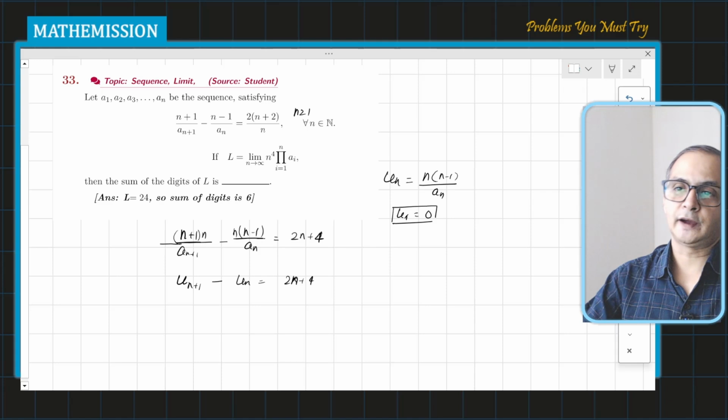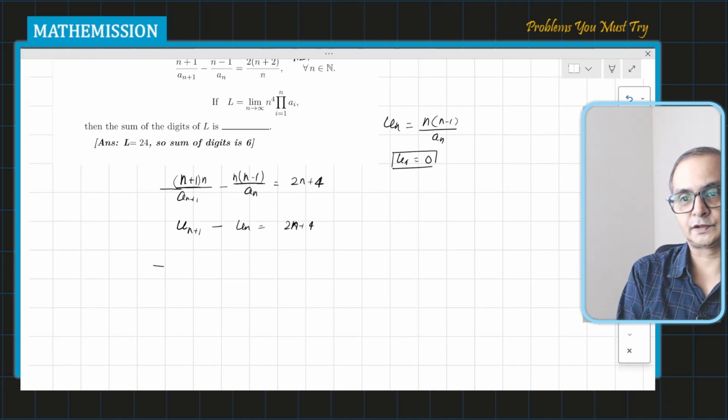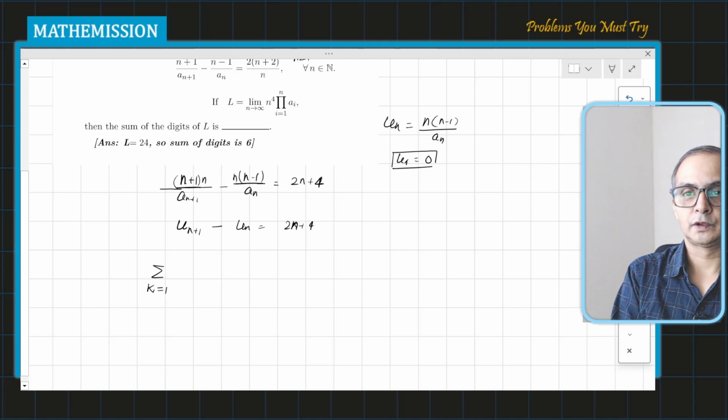Now in order to find the an, let's sum them up. So I'm applying the summation here, with k running from 1 to n, of u_(k+1) minus u_k, and on this side the summation of 2k plus 4 for k from 1 to n.